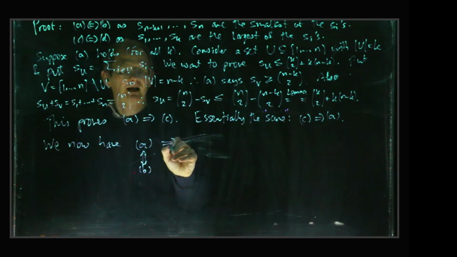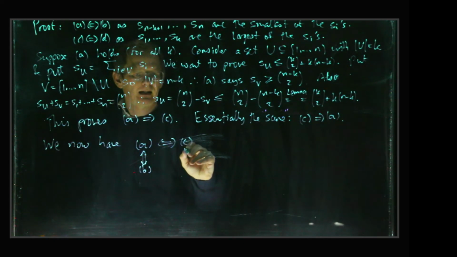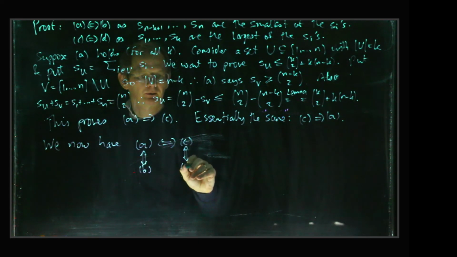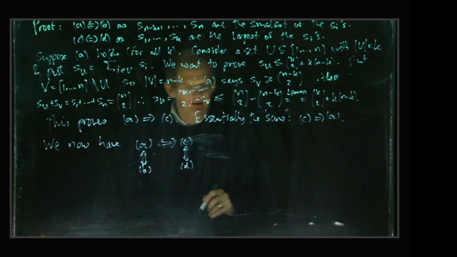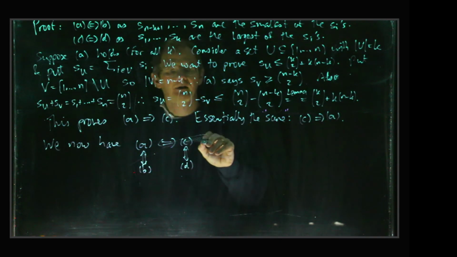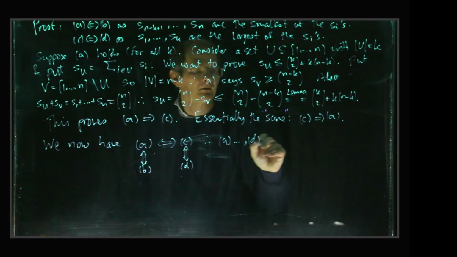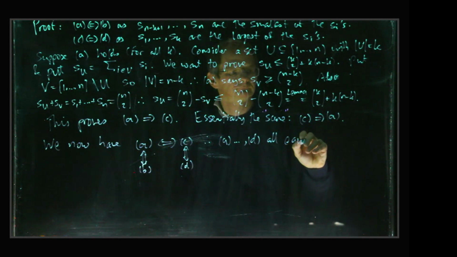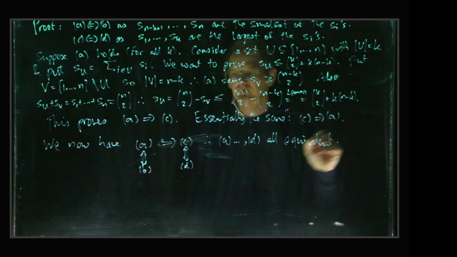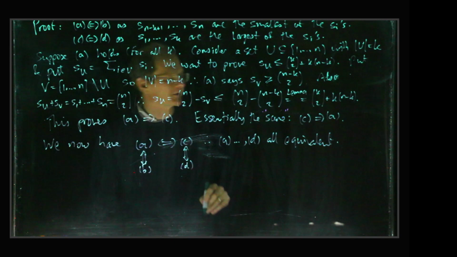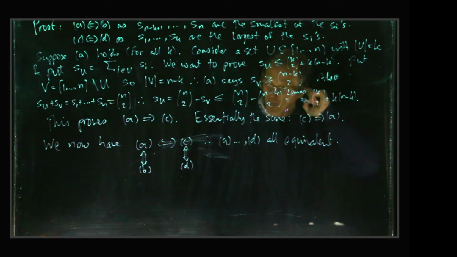We've proved that A and C are equivalent, and we also mentioned by an easier argument at the beginning of this proof that C and D are equivalent. So we can get from any of A, B, C, D to any of the others. So these statements are all equivalent to each other.